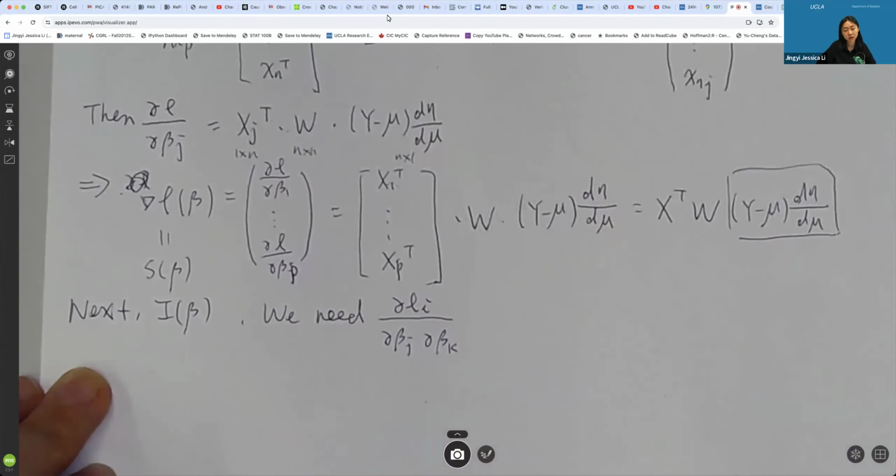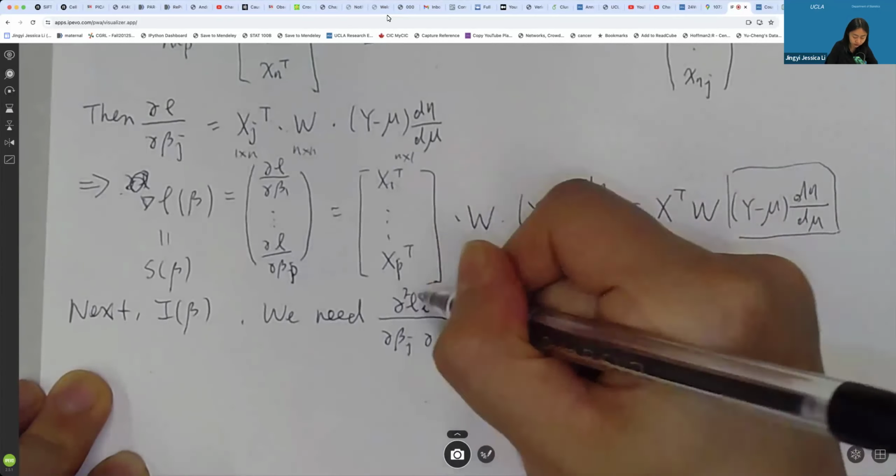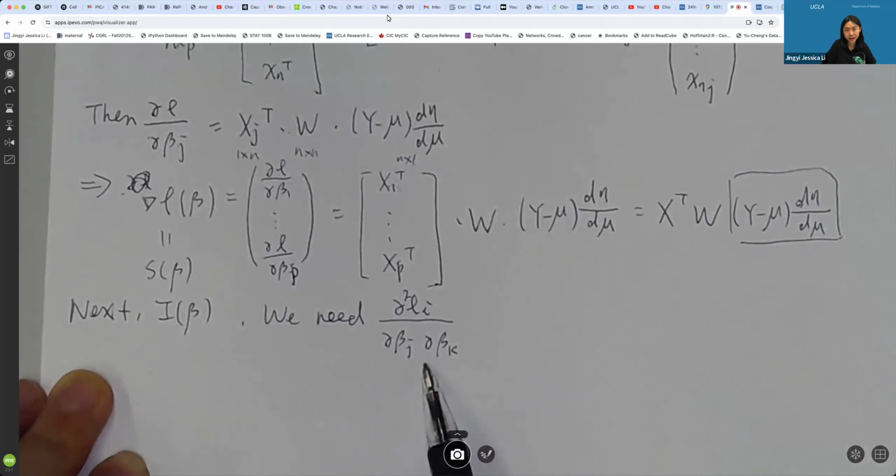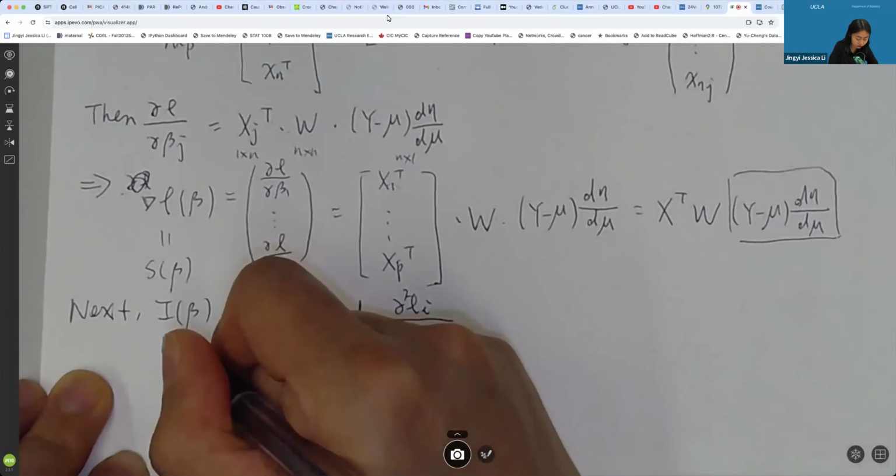We need this because the Fisher information needs a Hessian matrix, and this is its jkth entry in the Hessian matrix, which is p by p.